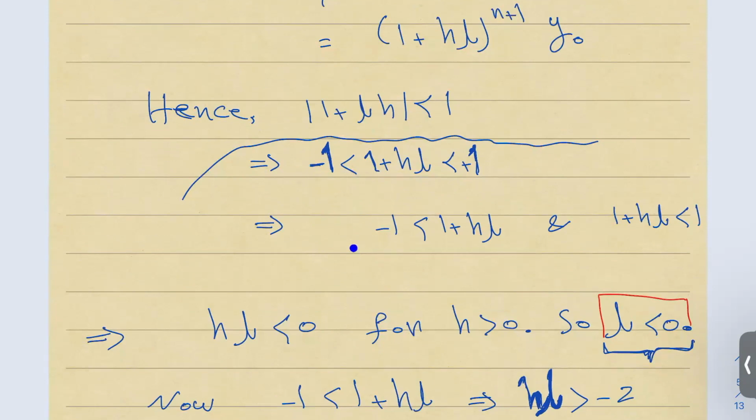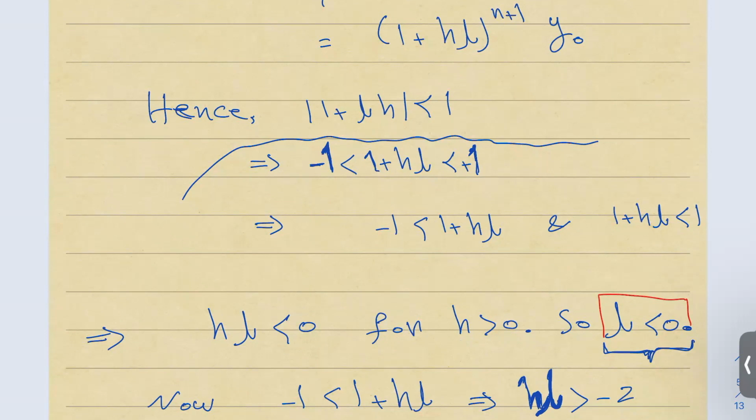This question is important for your final exam. Minus 1, 1 plus h lambda, 1 plus h lambda. Okay, so h lambda less than 0 for h bigger than 0. h bigger than 0 means it is the forward Euler method.